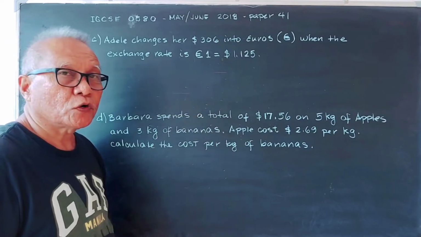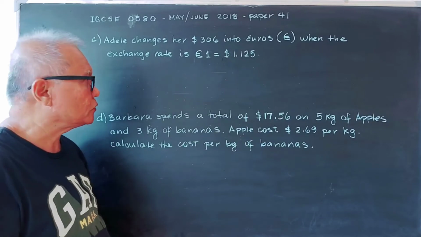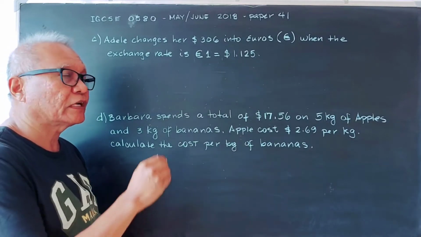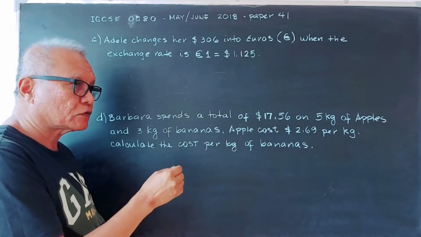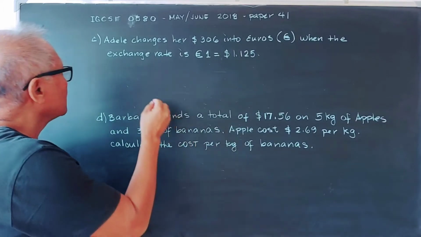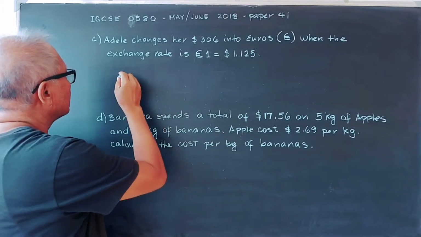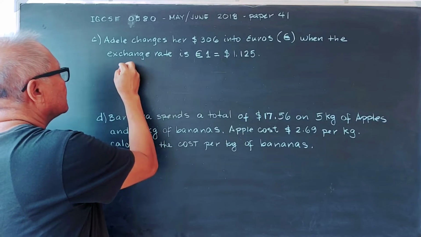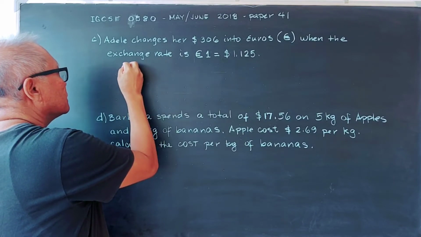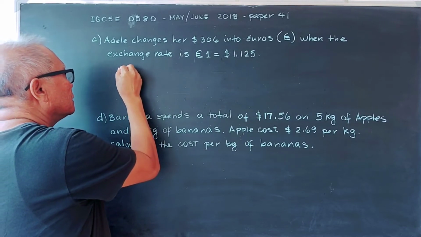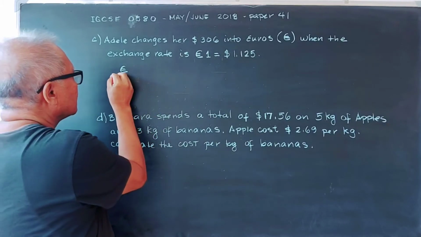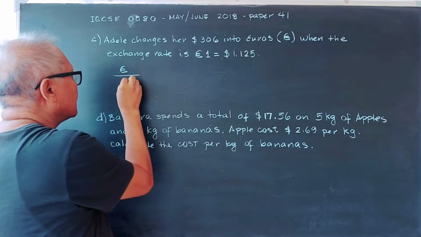$1.125. So this is also a ratio and proportion, and we have another solution for that, which is conversion of units. So let's have the first one. Let's have the euro here over the dollar.